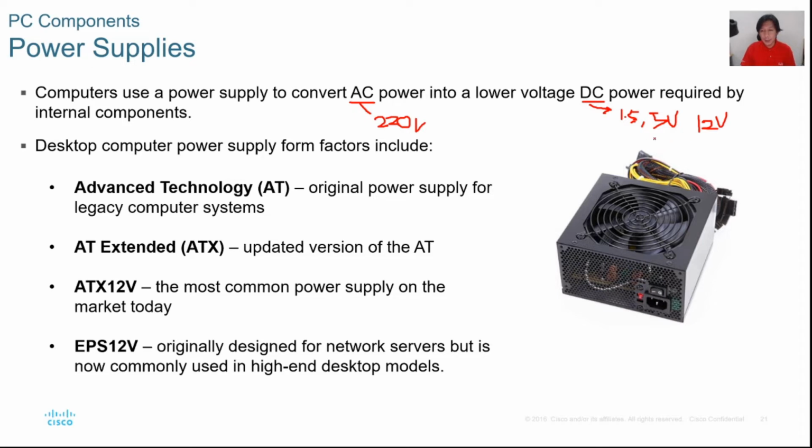Another point in comparing DC and AC is that DC has polarity, so you need to be guided on where the positive and the negative parts of your DC voltages are. For AC voltages, there is a continuous pulse in terms of the waveform.